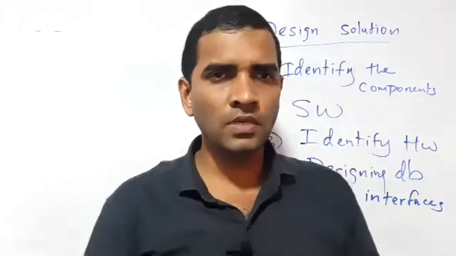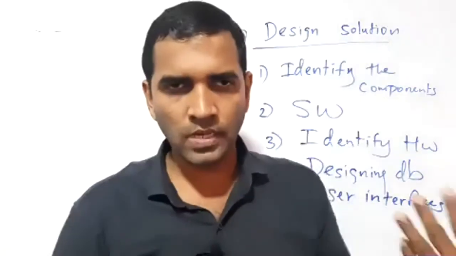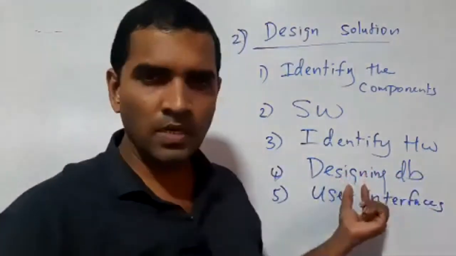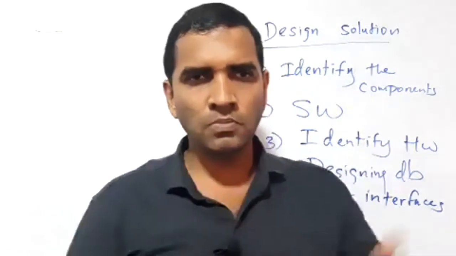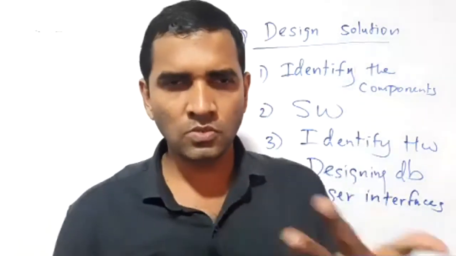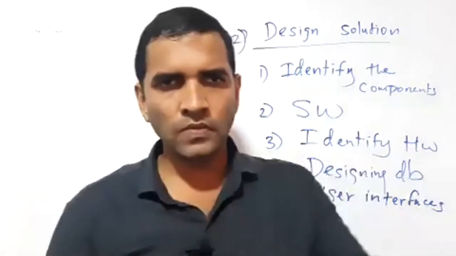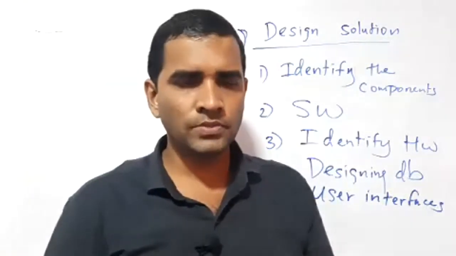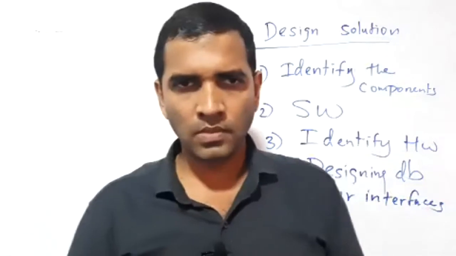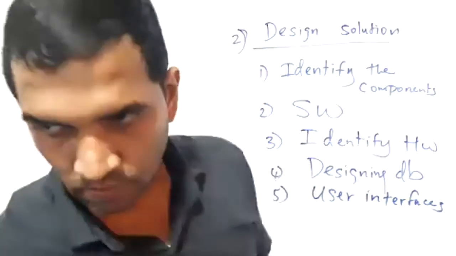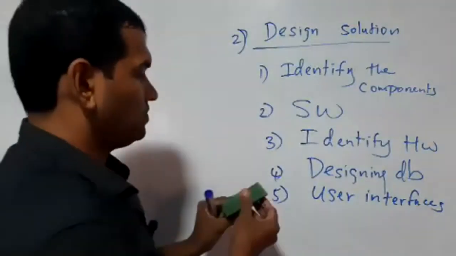So how can it become successful? Definitely it fails. So if you design the database with some sort of issues, or you missed a table, or you misunderstood the relationship, definitely it fails. So you have to spend a lot of time on designing.